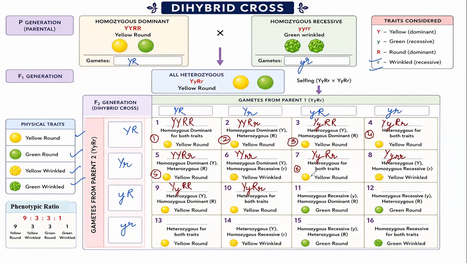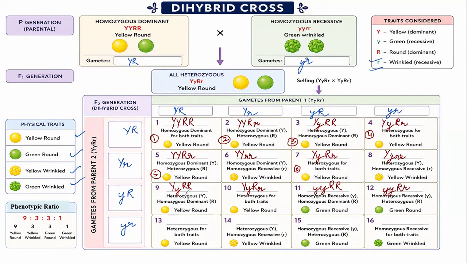Then again, both the Y's are small and both R are capital. So one homozygous recessive, another one homozygous dominant. Then comes the 12th one, that is both are small, right? Both are recessive, and one R is capital and one is small.